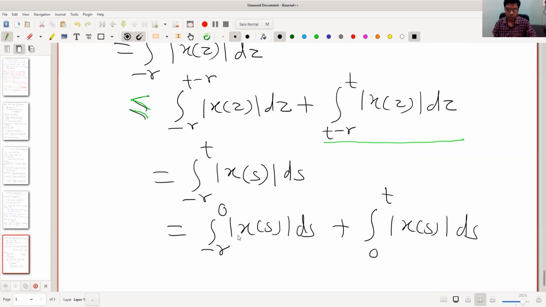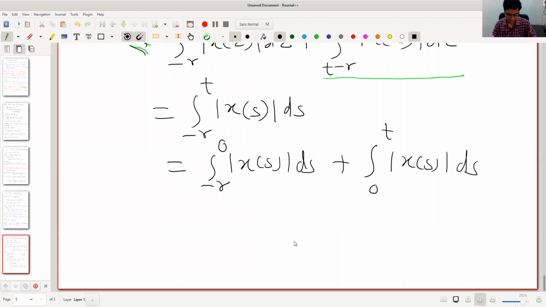Now when s is between minus r and 0, then x of s is the same as phi of s, and we just have seen that the modulus of phi of s is less equal the norm of phi. So for this we can write the norm of phi, and so this is simply the integral from minus r to 0 of ds, that is s.